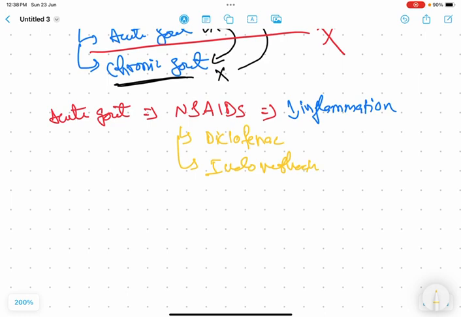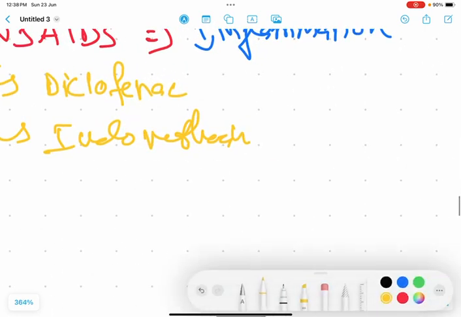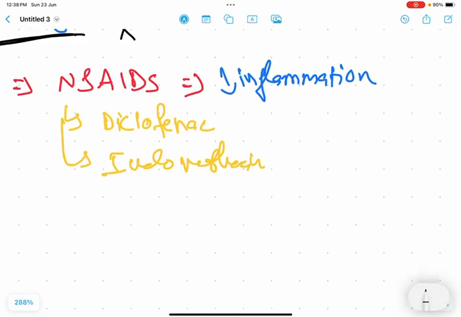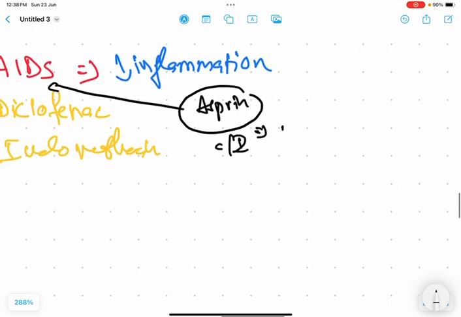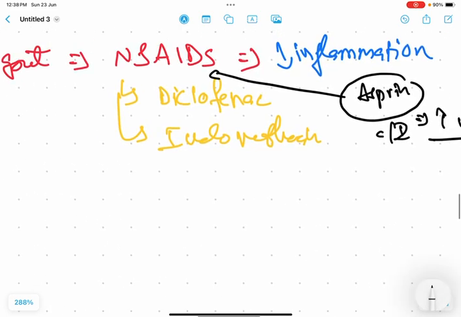There is one contraindication here: in gout we must not use aspirin. Aspirin is also an NSAID, but it is contraindicated because we have found that aspirin increases the level of uric acid.